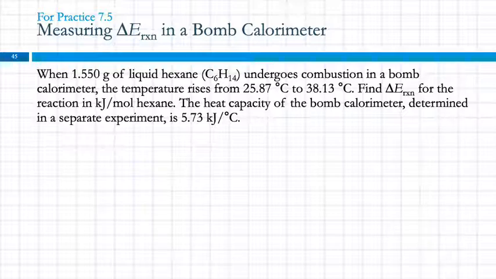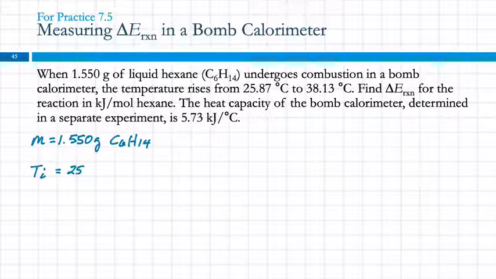Okay, so let's write this stuff down. So we have 1.550 grams of hexane, C6H14. So that's a mass. And then we have the temperature rises from initial temperature 25.87 degrees Celsius.